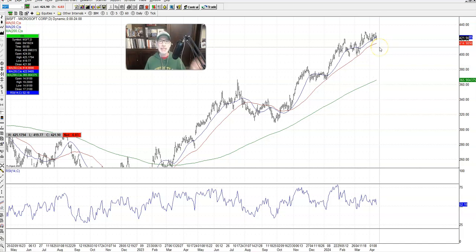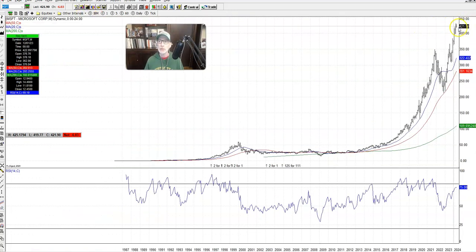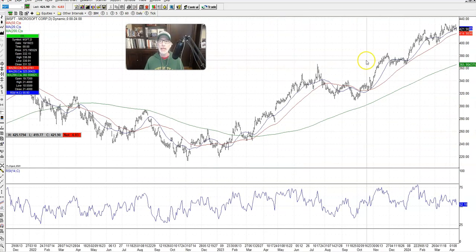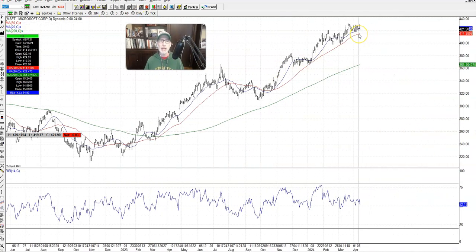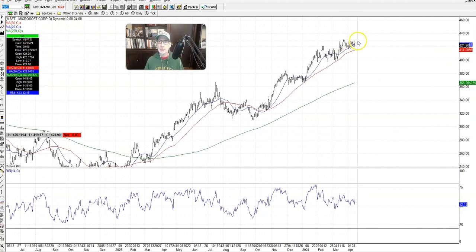So if the indexes start to go up next week, Microsoft is just going to go along for the ride, and it's going to get above these. I believe this was all-time highs for Microsoft. Let's take a look at the monthly chart. Yeah, so Microsoft's at all-time highs here, and if everything starts to turn around to the higher next week, Microsoft's going to take off like a rocket, and it's going to take out these all-time new highs here.